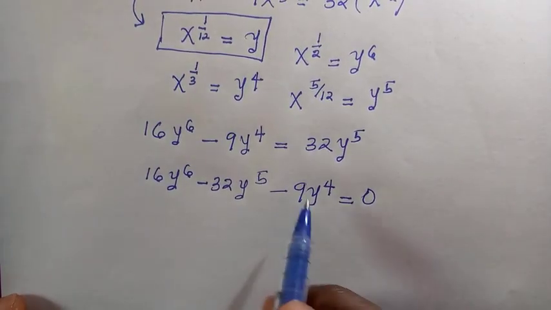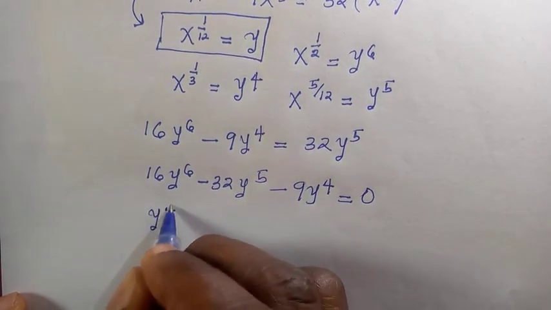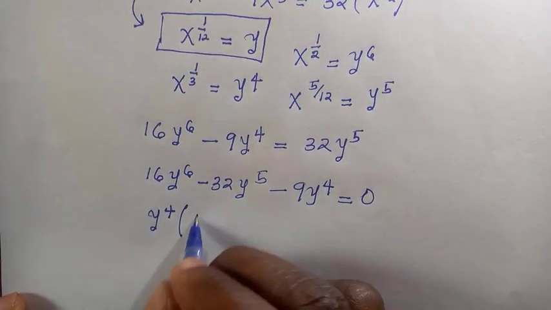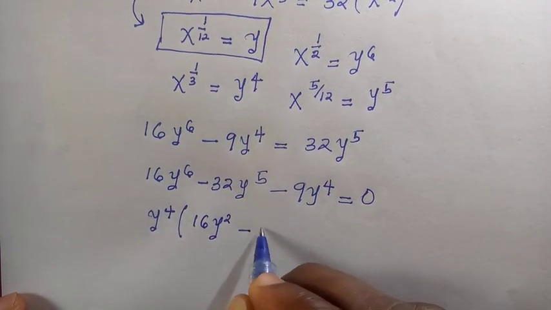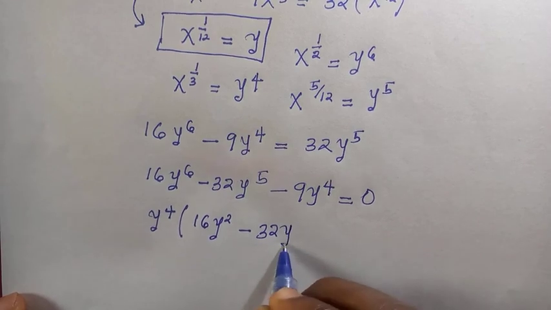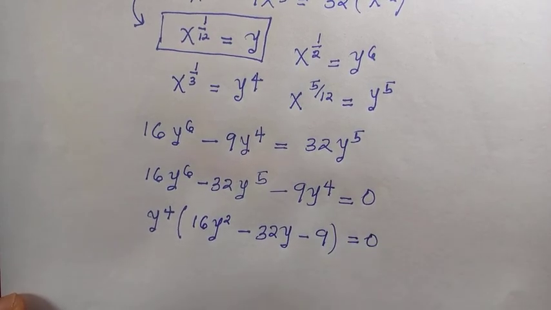And what is common to all this is y raised to the power of 4. By taking it out, we have the remainder 16y raised to the power 2 minus 32y minus 9 equal to 0.